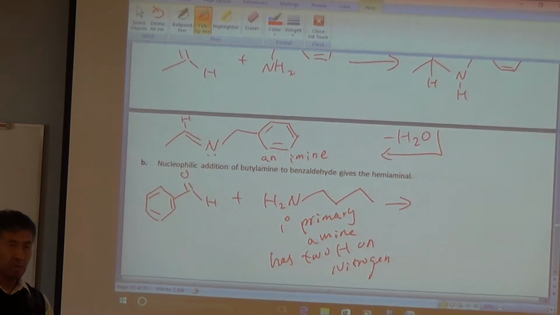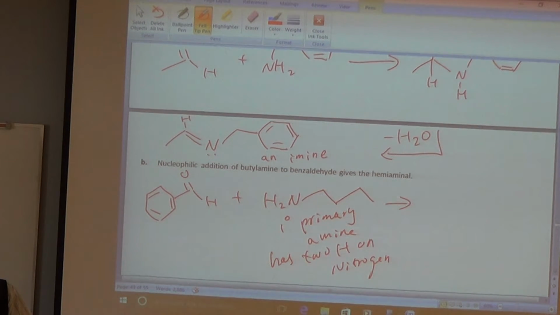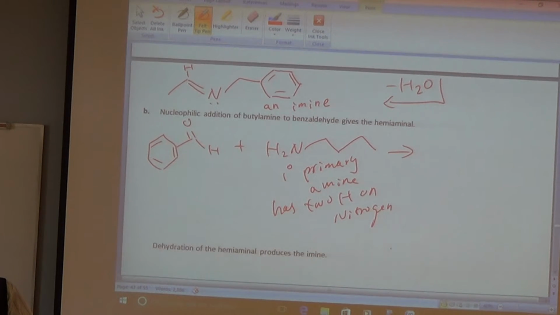then you can produce the imine. Okay? If you only have one H on the nitrogen, that means you have a secondary amine. And a secondary amine reacting with an aldehyde or ketone produces the enamine. Then your double bond is not between carbon and N, it's between the carbon and carbon from your aldehyde or ketone. So this will produce your hemiaminal.